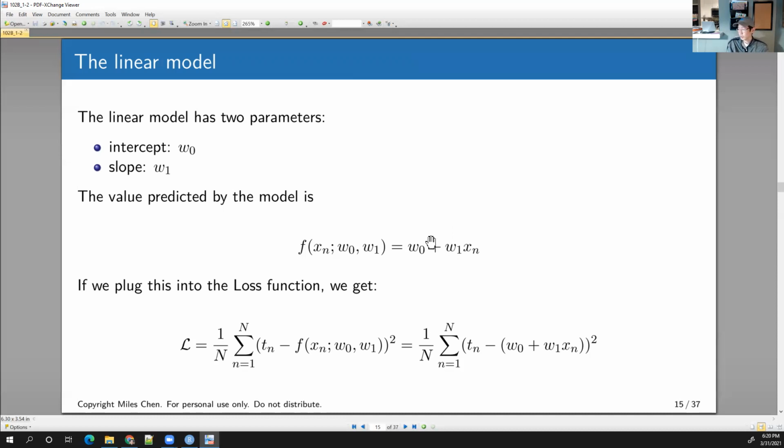So I'm going to plug this into the loss function. The loss function is t_n minus the quantity w0 plus w1 x_n. We take that quantity, square it, add them up, and multiply by 1 over n. I'm just replacing f of x with the actual quantity w0 plus w1 x_n.